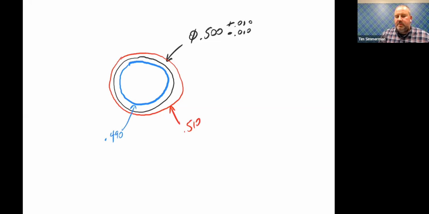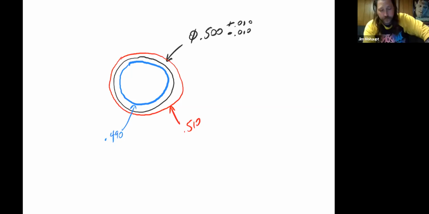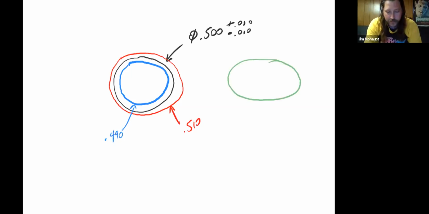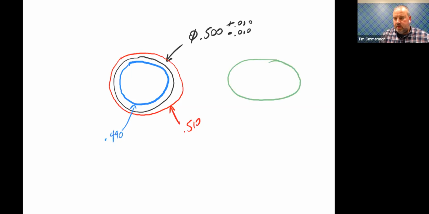And so it's perfectly fitting that I didn't draw those things as round as they should be, because what we talk about in rule number 1 is that, let's say, and I don't have to exaggerate much because I didn't draw it perfect, that it looks that oval shaped. And if you were to measure it across this side, let's say you get 0.515, and you measure it across this side and you get 0.485.